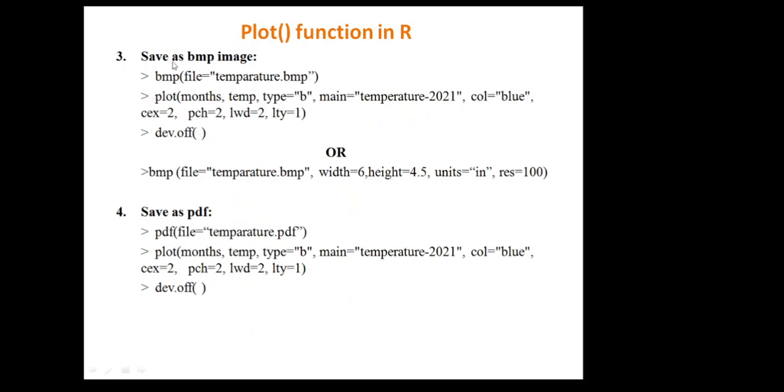Now next we'll see how to save it as a BMP image. As I told you, you can replace the JPG and PNG function with BMP. Here we can save our image in some unit, like we can specify width equals 6, height equals 4.5 for example, and the unit of this 6 and 4.5 is inch, that is in.